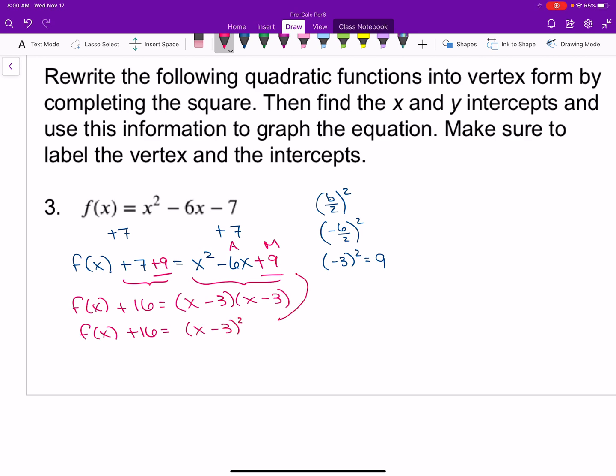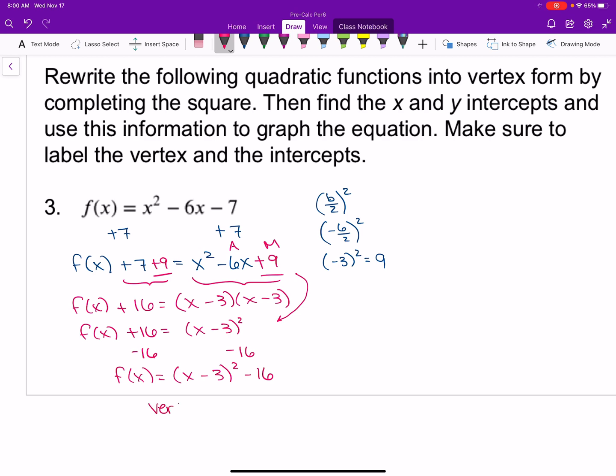If you want to go straight from the trinomial down into the squared piece, go for it. And then last step is to get that f of x by itself again. So we get x minus 3 squared minus 16.